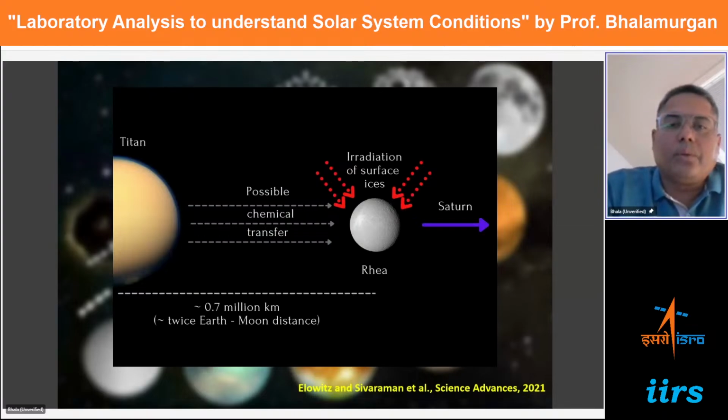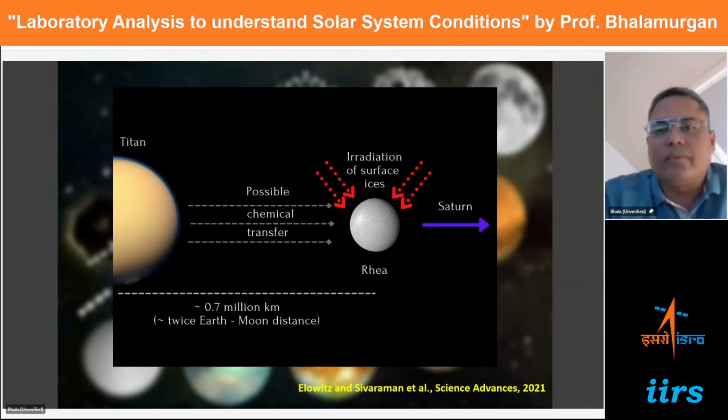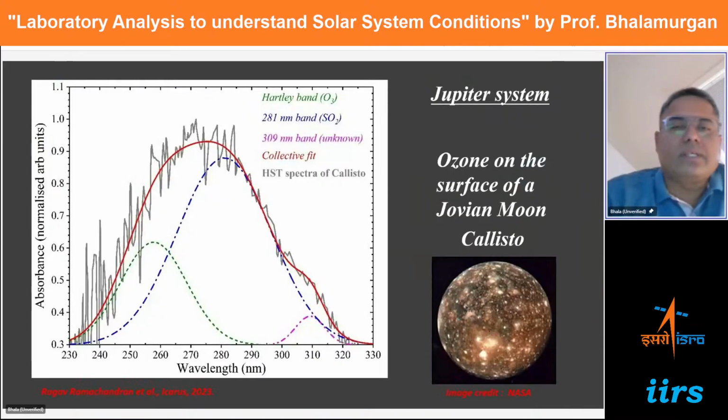It is thought that this molecule would have either been transferred from Titan over a long geological time scale, or whatever ingredient was present on Rhea would have been chemically changed by the ions and photons hitting the surface of Rhea. And the distance between these two moons is of the order of twice the distance between our Earth and our Moon.